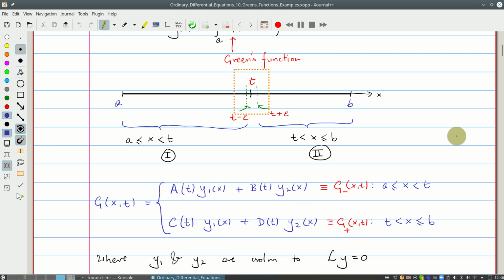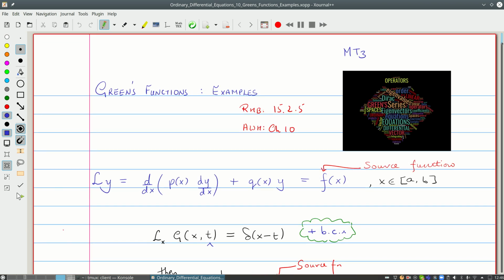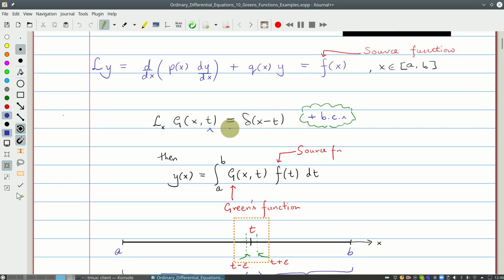Why the homogeneous equation? Because we argued that if you exclude the point x equal to t, then effectively this Dirac delta is 0, because you don't have the point x equal to t included. So we have the homogeneous equation, L operates on g to give you 0.